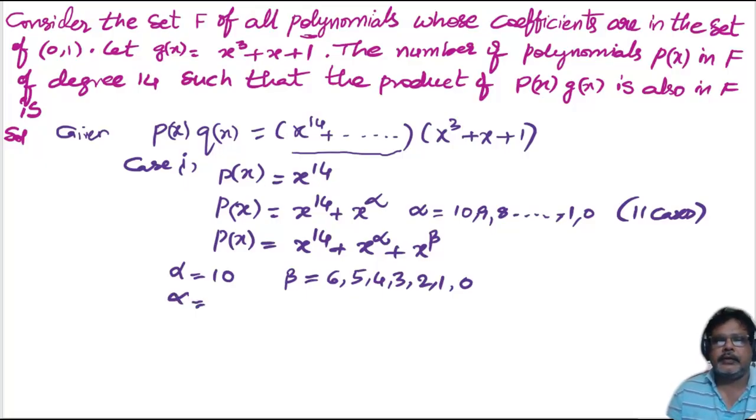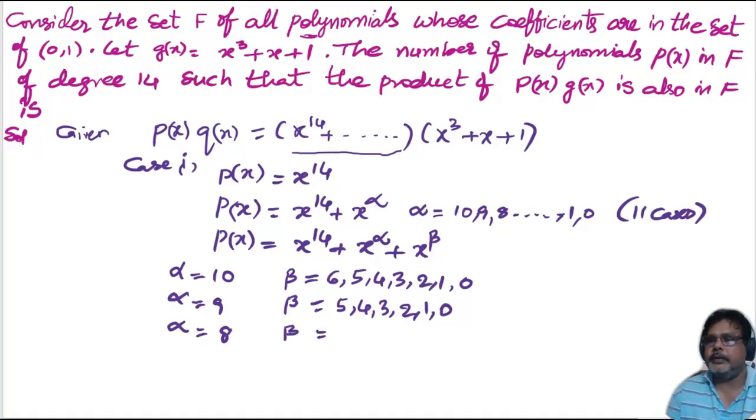If alpha is 9, then beta will be 5, 4, 3, 2, 1, 0. If alpha is 8, then beta will be 4, 3, 2, 1, 0.